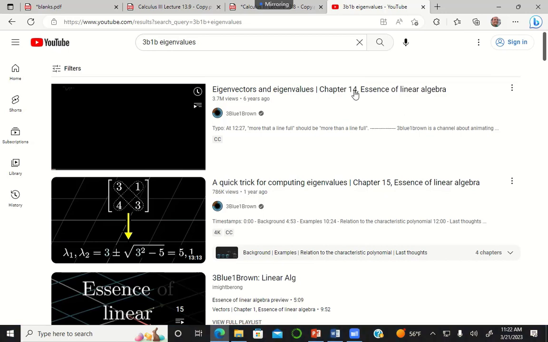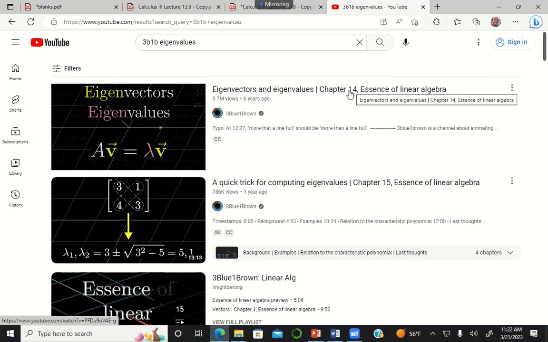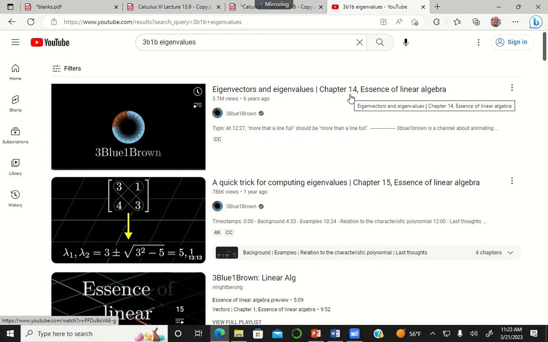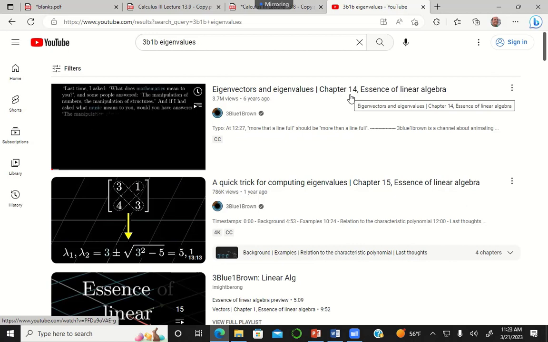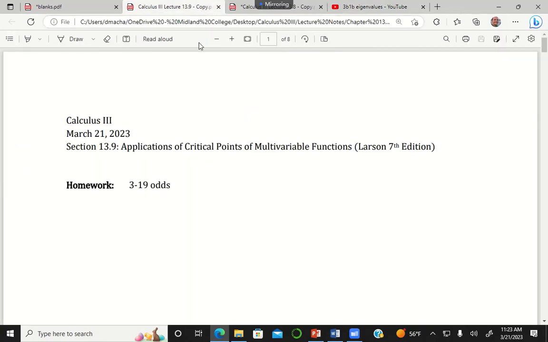But notice that this is chapter 14 of his playlist on linear algebra, which means this is normally something that's taught towards the end of a linear algebra course. And so I wish that I had 16 weeks to explain this to you guys, but I don't. I have 23 minutes, and now we need to move on with the rest of our class.